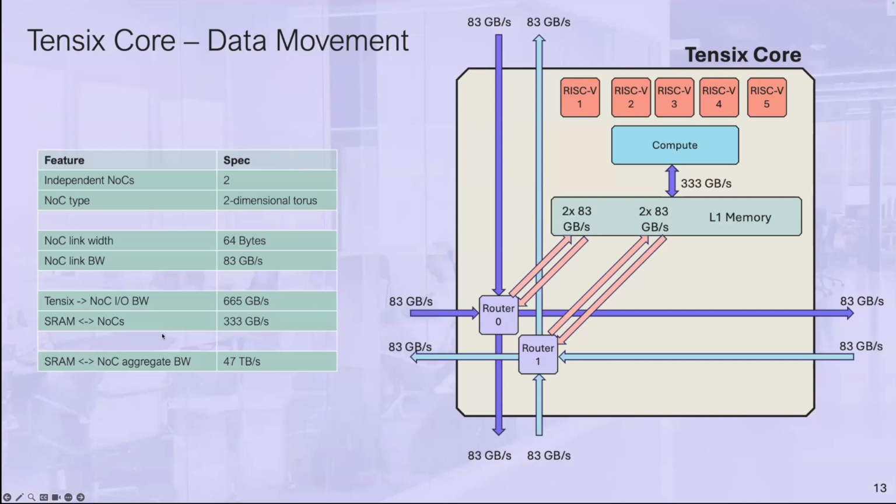We have more bandwidth between the I/O, and even higher between SRAM and the NOCs. The main takeaway is how everything is connected with 2D toruses in both directions. This shows what I was referring to in the previous slide: because of these NOCs, you can read and write to any core from any core within your architecture.